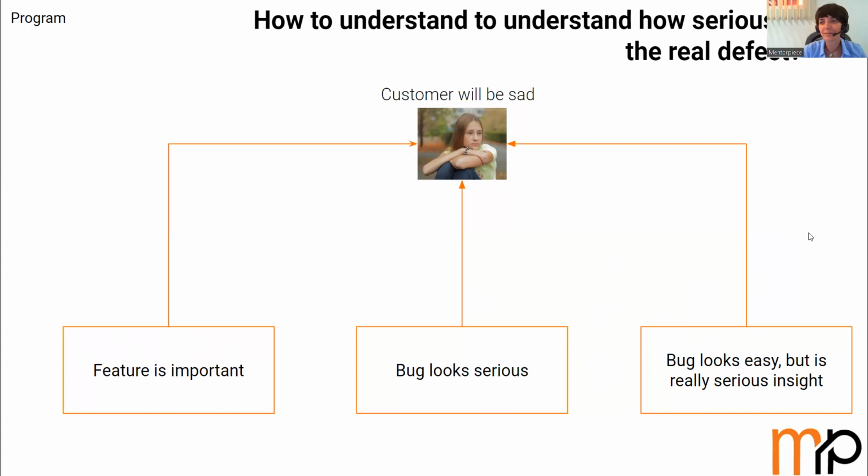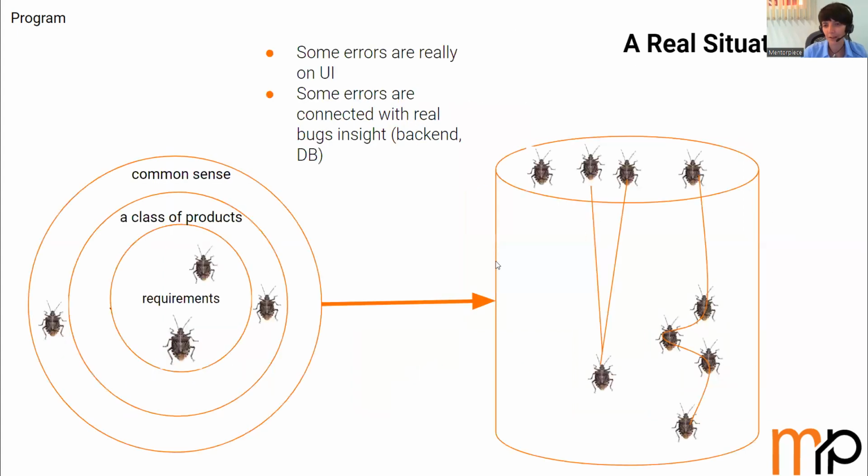But if we remember this picture, some defect could look easy, look light, and we could think that it is not so serious for the end customer, for the end user.